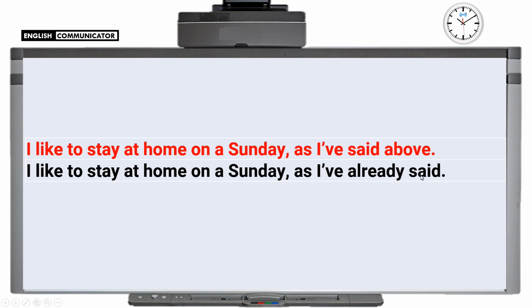It's a tricky sentence. We have to try again. I like to stay at home on a Sunday, as I have said above. I like to stay at home on Sunday, as I have already said. So please use already said. Don't say I have said already or above. I have already said.